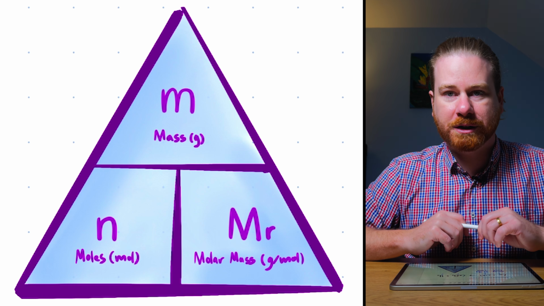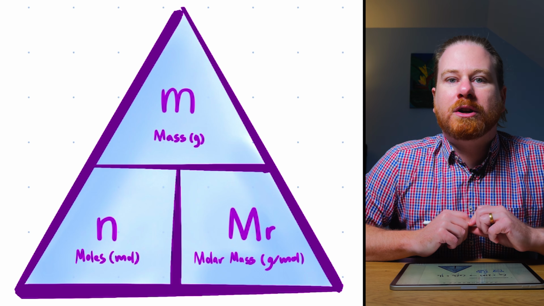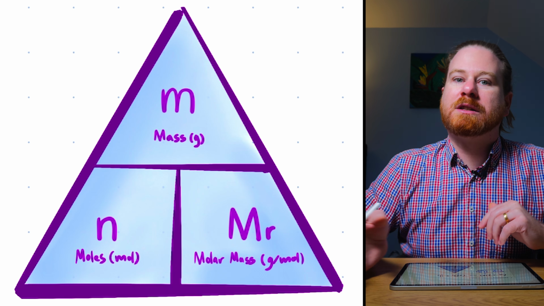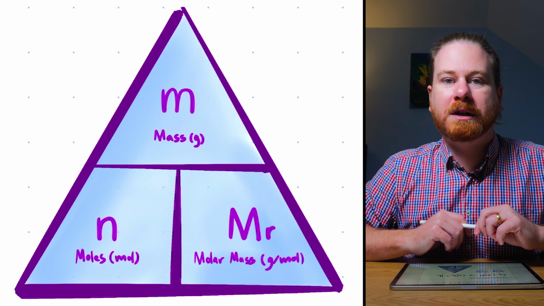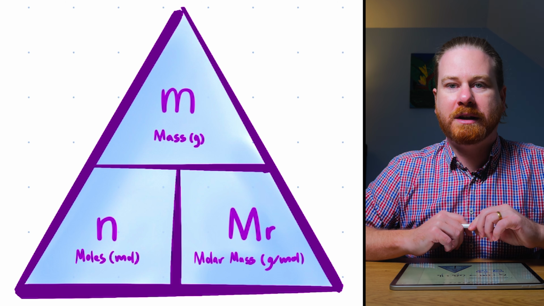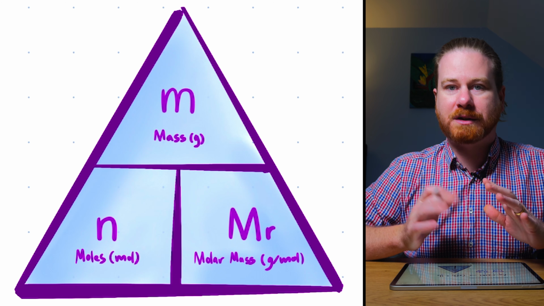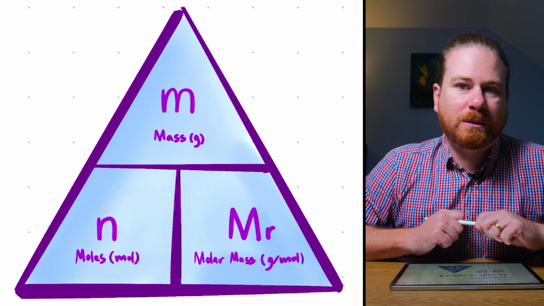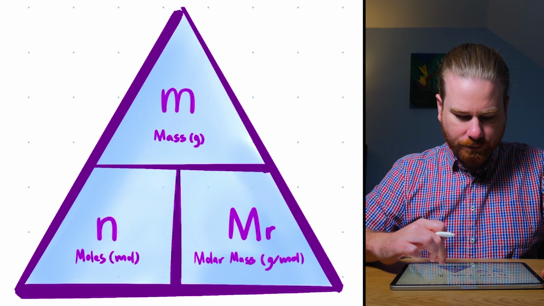Using this equation, it means you don't have to react whole mass numbers together. You can measure out a sensible mass, convert it to moles, and then get on with your experiment. This is a really good thing because reacting whole moles together very rarely happens. So let's look at some examples of how to convert between mass and moles.